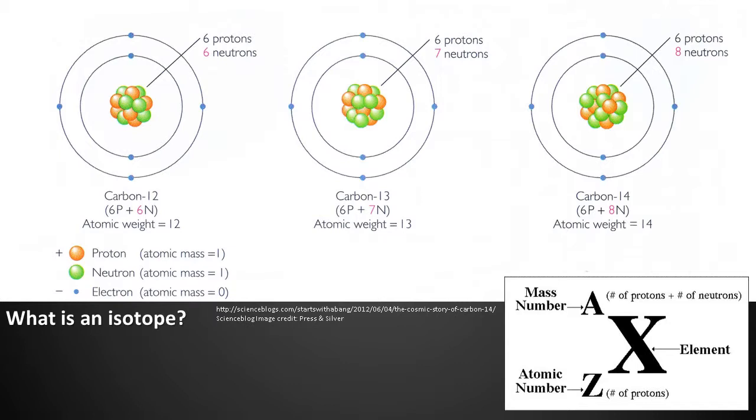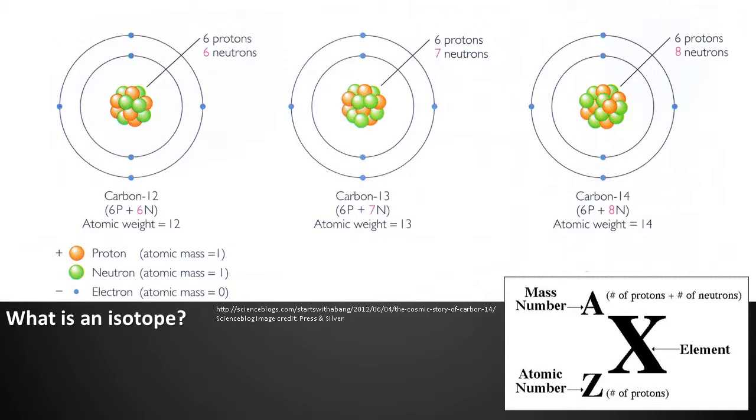Isotopes are atoms with the same number of protons but different amounts of neutrons. So we can see that for the 3 isotopes, carbon-12, carbon-13, and carbon-14, they each have 6 protons but have different numbers of neutrons, 6, 7, and 8.